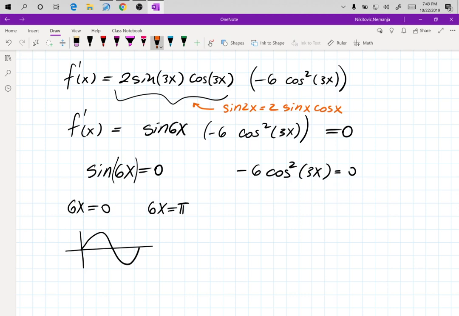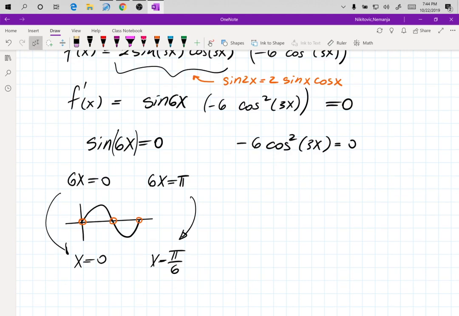So now if I am solving the equation sine of something equal to 0, that happens at the origin and happens here. It does happen at the end, but that's the periodic, right? Like for the origin, so you don't have to repeat it. So 6x equal to 0 and 6x equals to pi. So 6x equals 0 will give me x equals 0, and this one would give me x equals pi over 6.